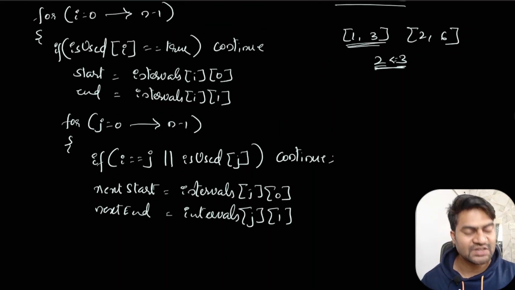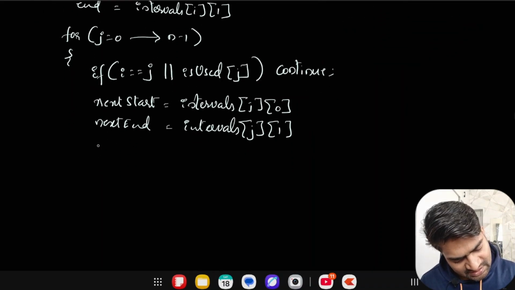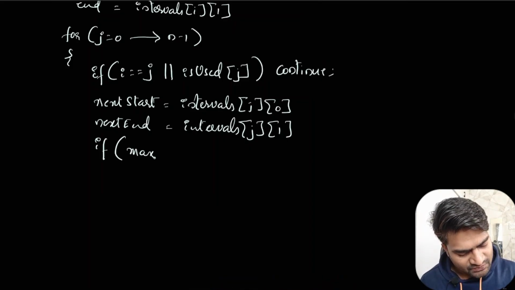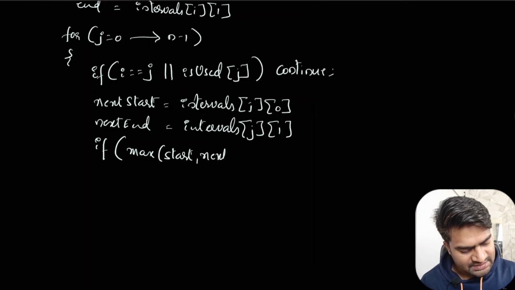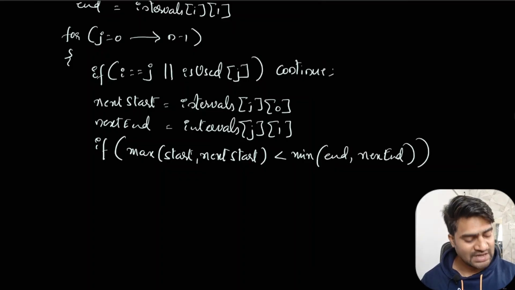So if we are processing 1 3, this is our next start and next end. So now what I will do, I will use if max of start comma next start, if it is less than min of end comma next end, then overlap exists.